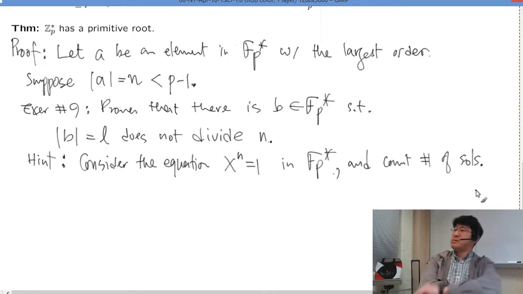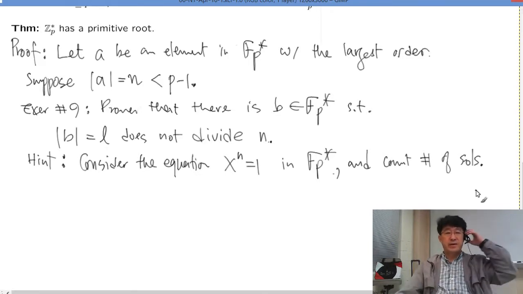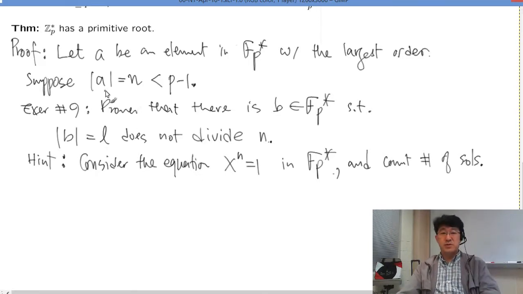That might help. Let's read it together again. We suppose that the order of A, which is n, is less than p minus 1. I'm claiming there is an element B such that its order does not divide n. The hint is to consider this equation and see if you can count the number of solutions.